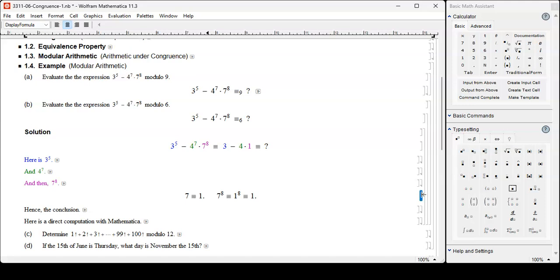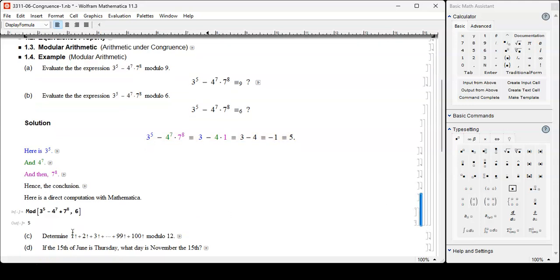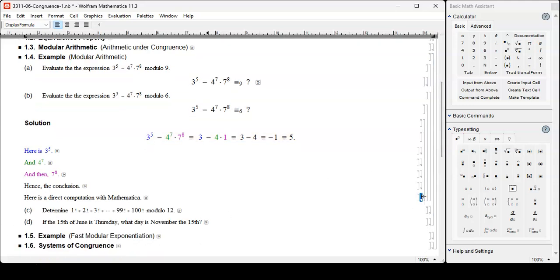Yeah, that's 1. So we have 3 minus 4, which is negative 1, which is 5 modulo 6. Well, here's a verification. Yes, we have 5.